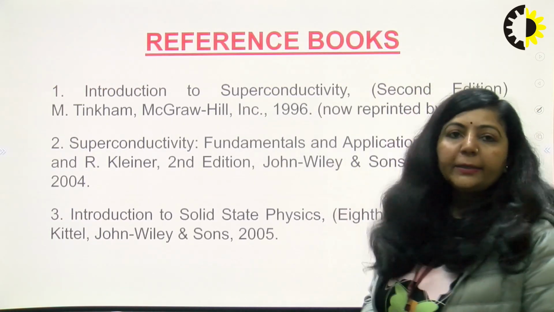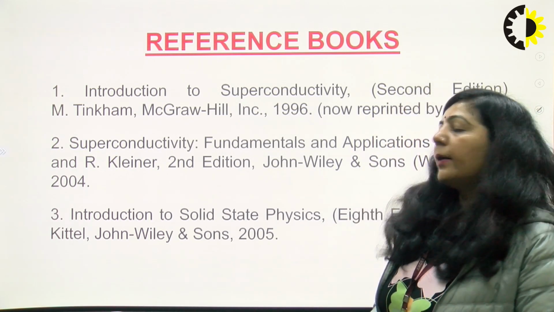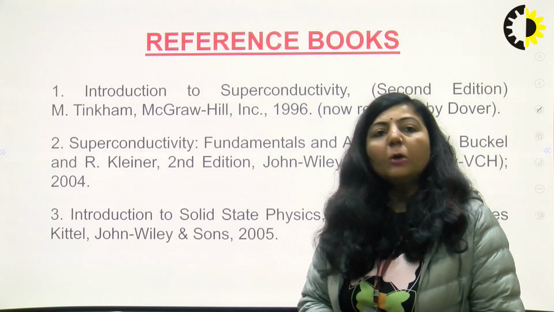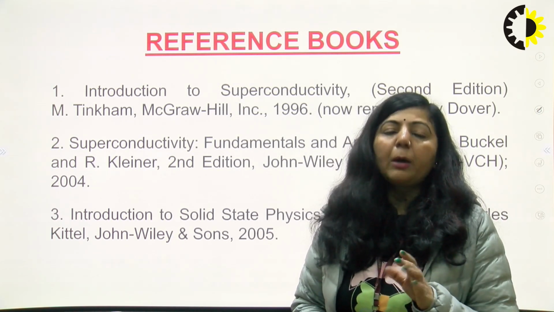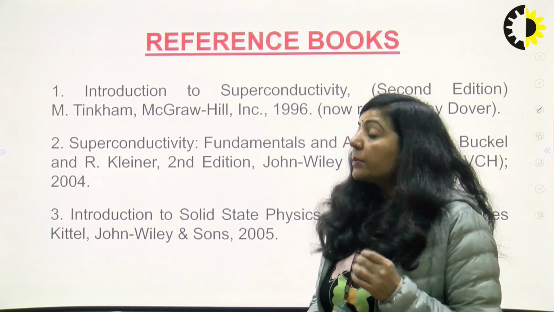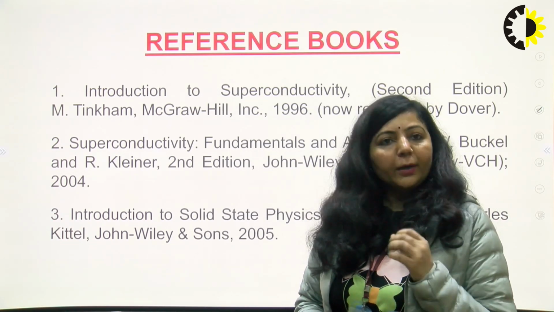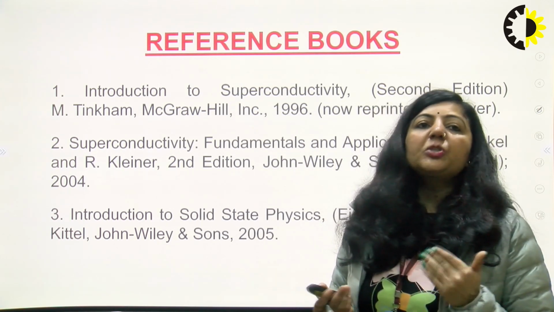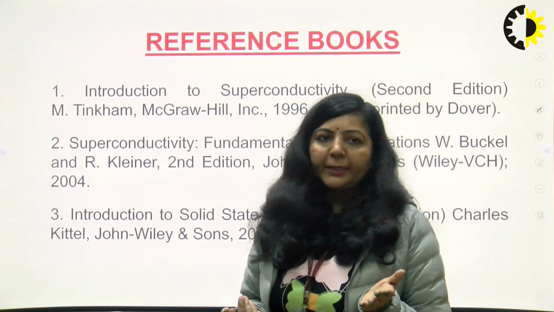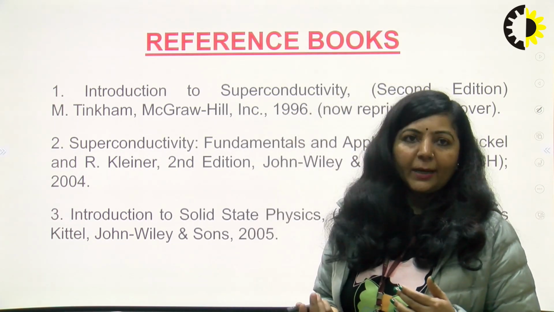So these are the reference books which you can adopt for this topic of superconductivity. Basically we have discussed three parameters: critical temperature, critical magnetic field, and critical current. Critical temperature is the transition temperature below which the material is in a perfect superconducting state, and above that temperature the material is in a normal conducting state.